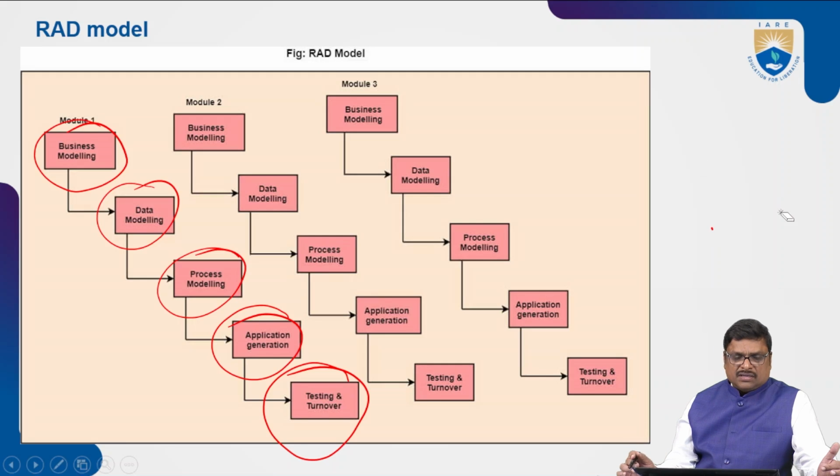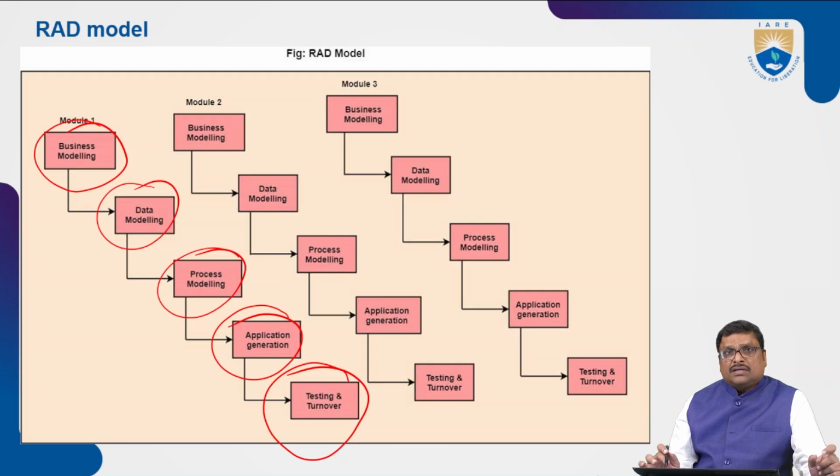With business modeling, we understand the functional behavior of the system. That is the first step in the RAD model. The second step, after business modeling is done, is data modeling.